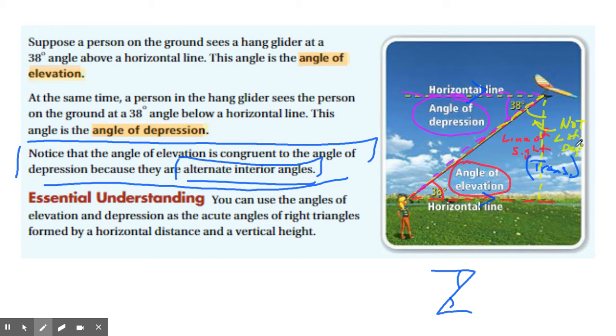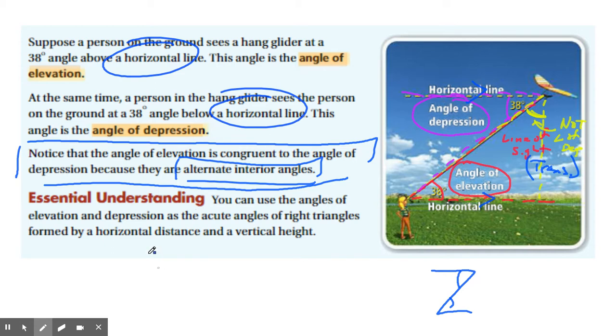Be aware of that. This angle right here is not the angle of depression. So please don't make that mistake. Your angles of elevation and depression are made by horizontal lines. Horizontal lines, horizontal lines. All right, good.